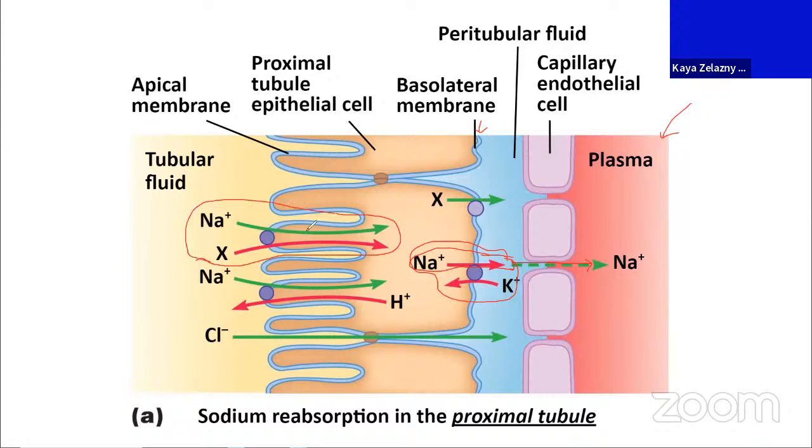So sodium now has this nice gradient, where we have relatively high sodium in the tubular fluid, lower sodium here in the cell because we've been pumping it out, and then high sodium again in this peritubular fluid, which is why it can passively flow into the plasma at the end here.